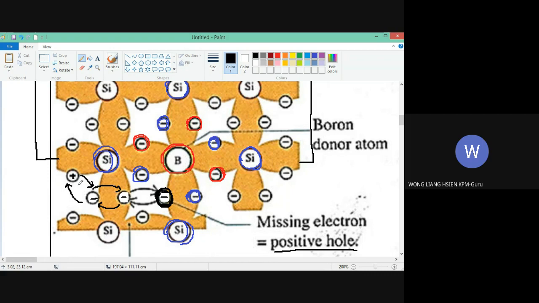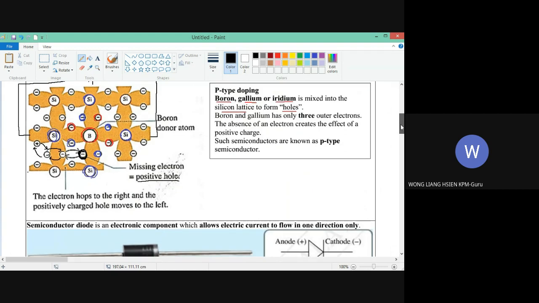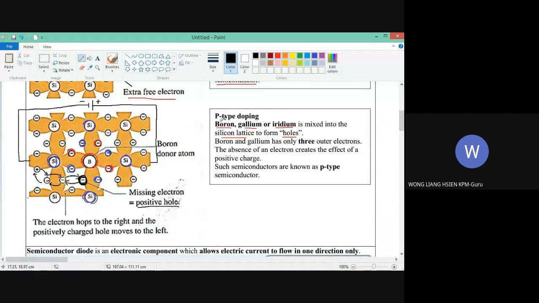So because of this, we take it that the positive hole is like a charge carrier that can move, and the charge that the hole carries is positive charge. Get the idea or not? Okay, so this is what we call p-type doping.